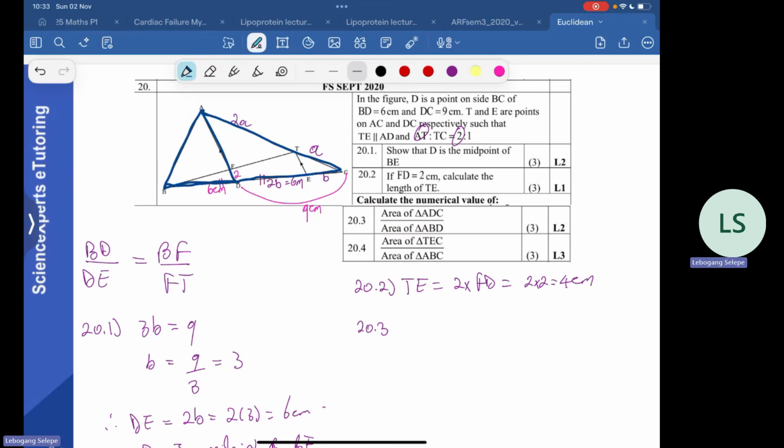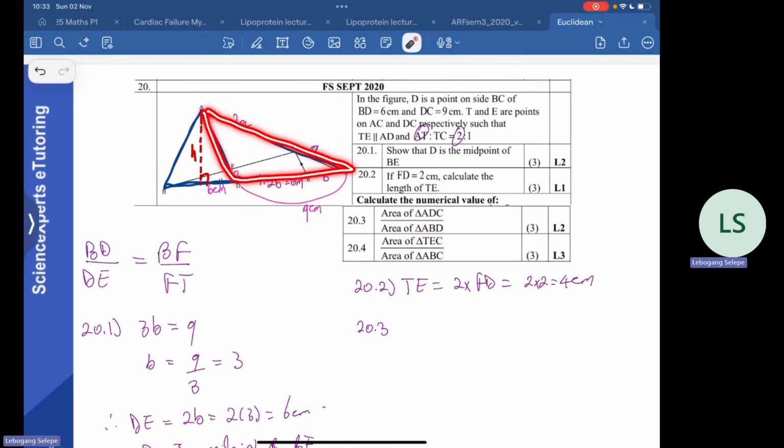So they would both have a common perpendicular height. If I were to draw the perpendicular height, it would be like this. Call it H. This is an obtuse angle triangle, so to find its perpendicular height I would extend its base, and then its perpendicular height would be this one. Same thing for this one.